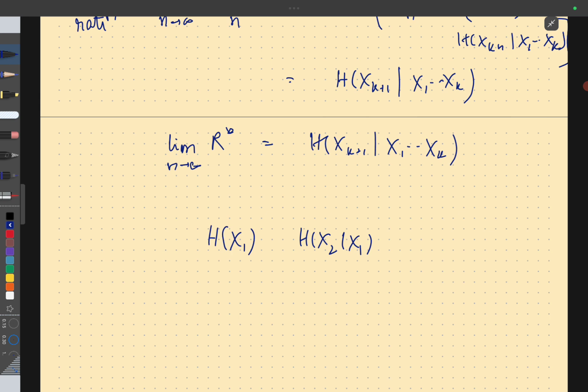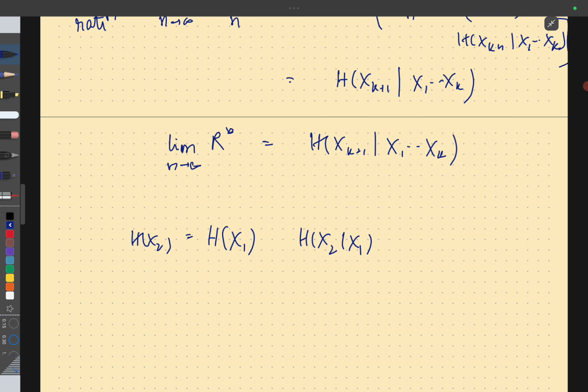The distribution doesn't depend on the index, right? So what is H of x2 equal to? I know H of x1. It's a stationary source. So H of x2 is equal to H of x1, right? Because it's a stationary source. It's also equal to H of x3. It is also equal to H of x4. All of these are going to be the same, all right?